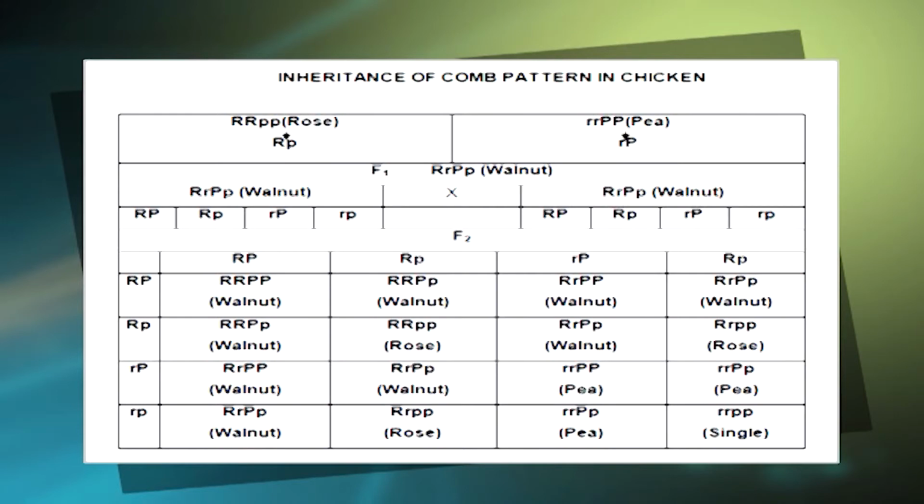When both genes, that is capital R and capital P genes, are absent, it results in a single comb and has only one possible gene combination: small r, small r, small p, small p.